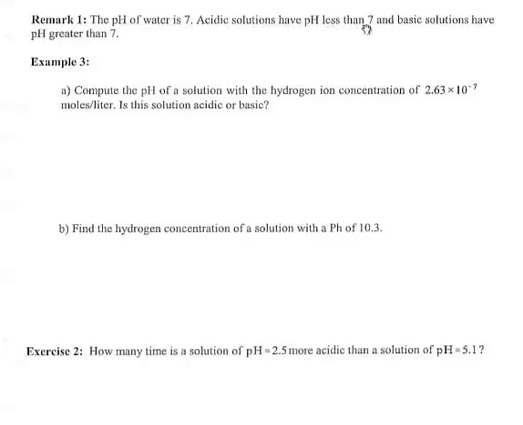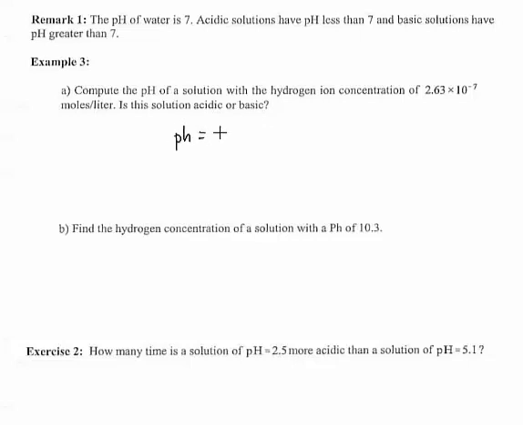Acidic solutions have a pH less than 7, and basic solutions have a pH greater than 7. Example 3 says compute the pH of a solution with a hydrogen ion concentration of 2.63 times 10 to the negative 7 moles per liter. Is the solution acidic or basic?